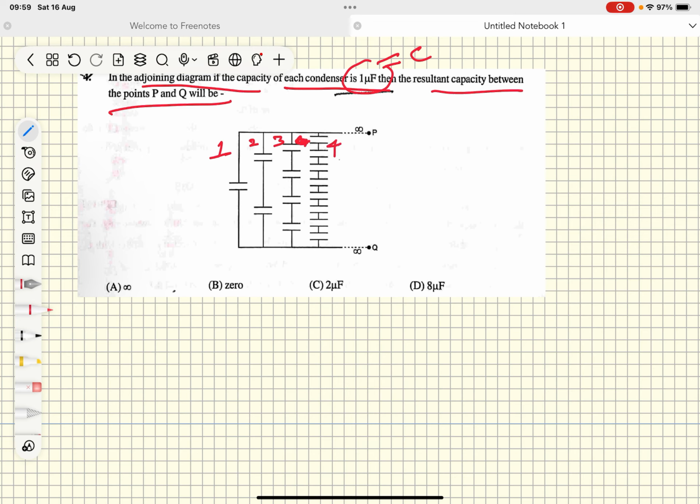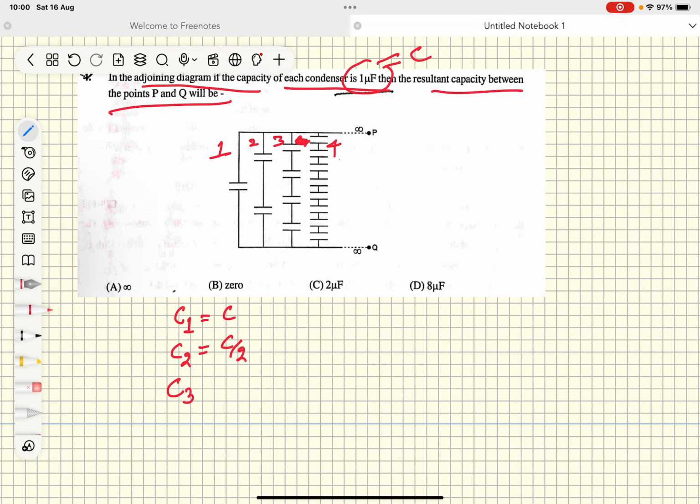In each branch, capacitors are in series, and in a series combination, if the capacitors have equal capacitance, then we have to divide by the number of capacitors to find the total capacitance. In short, the capacitance of the first branch will be C, and the second branch will be C by 2.